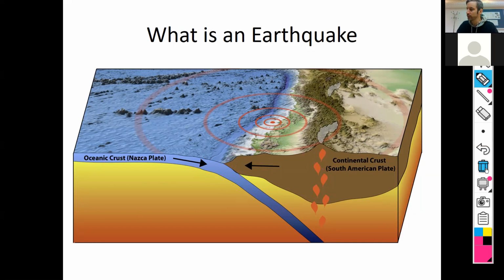So I want to show you a little bit. There are probably several of you who are from countries that are seismically active, that have earthquakes, but I am from Chile, one of the most seismically active countries in the world, and I was in Chile in 2010 for what back then was the 6th largest earthquake recorded in history.